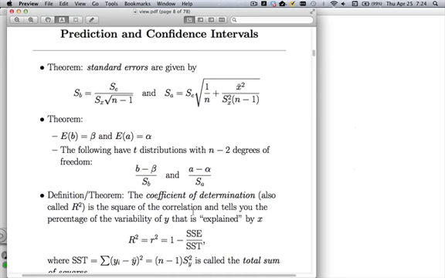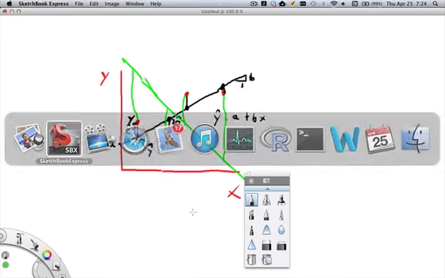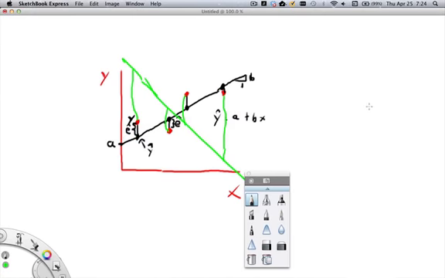So if we go over to my sketch pad for a second, if we had a situation like this, where all the points fell exactly on the line, we explain all the variation in y using this x, therefore r squared is 1.